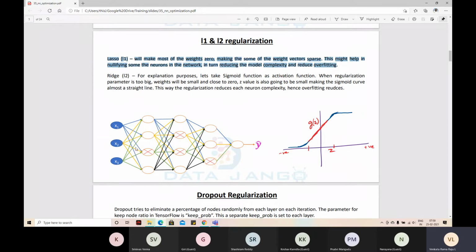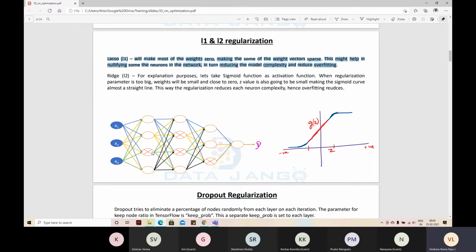Suppose w1 and w2 have come close to 0. Only the x3 weight is there, maybe that's also less than 1. Then the linear combination is going to be less, and the calculated output is going to be less. If all the weights come close to 0, then the linear combination is going to be very close to 0, maybe positive, maybe negative. It's going to give you a very low probability. Again, this low probability, even though there are bigger weights here, is going to nullify the effect of this node.